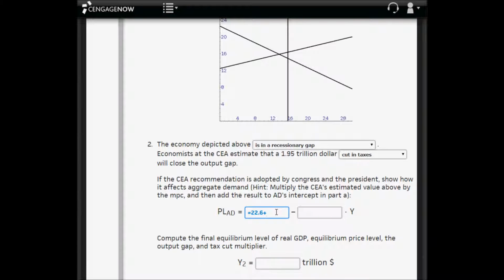Then we add to that the MPC, which is 0.75, times the size of the tax cut. That gives us the new intercept.